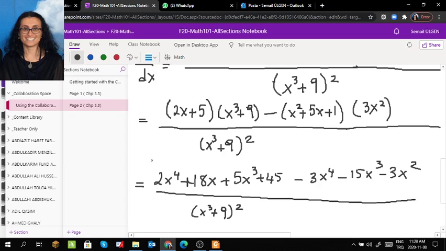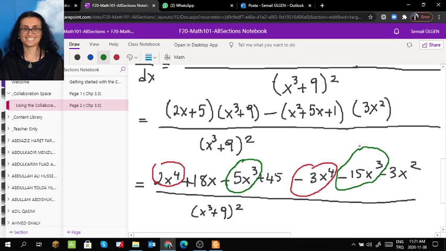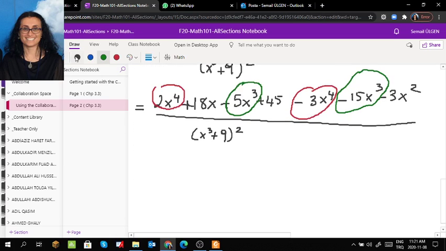Now I'm going to use the red color here, so I may do some cancellations. So I have this cancels with this. I'm going to use green color for other simplifications here. I have 5x cubed, I have negative 15. And that's it. I think I don't have any other, so I'm going to rewrite the final expression.